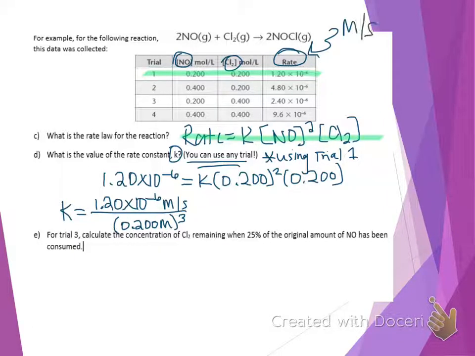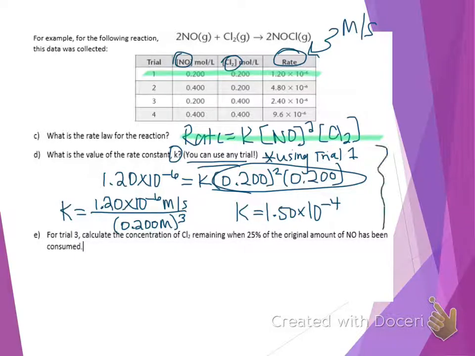Units of rate are molarity per second. So we have our rate up top in molarity per second. We have 0.2 to the third now, and those are concentrations, so those are all molarity. When we do this math, we get our value of k as 1.50 times 10 to the negative 4, keeping our 3 sig figs.